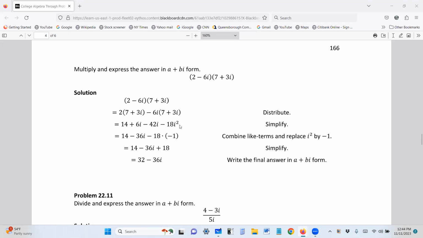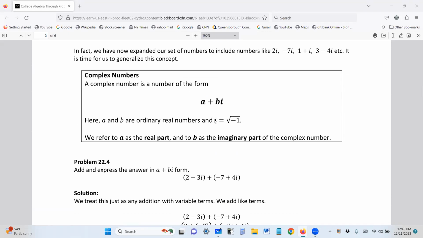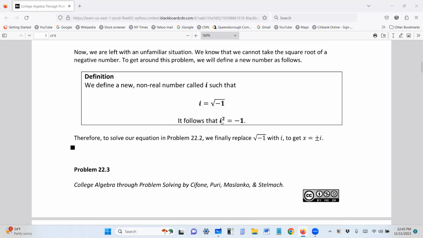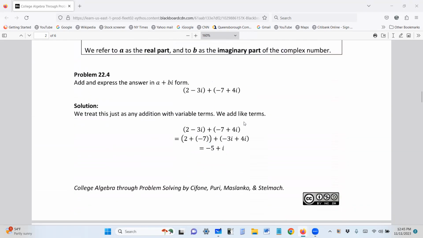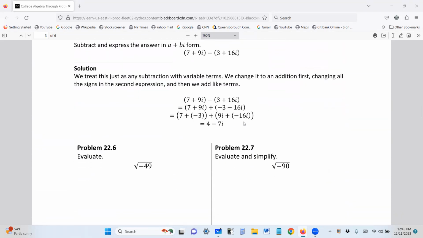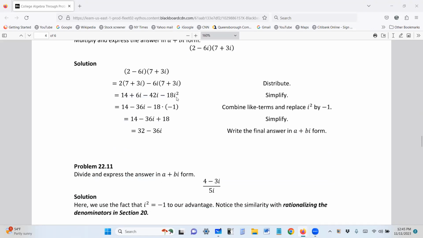But the i squared now has to be replaced back with minus 1, because that's what it is. So remember from the definition, going up here, i squared equals minus 1. Anytime inside a problem dealing with complex numbers, addition, subtraction, multiplication, or division, if you get an i squared, as you do here, that must be replaced with the minus 1.